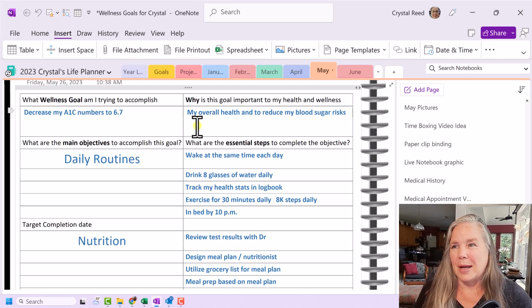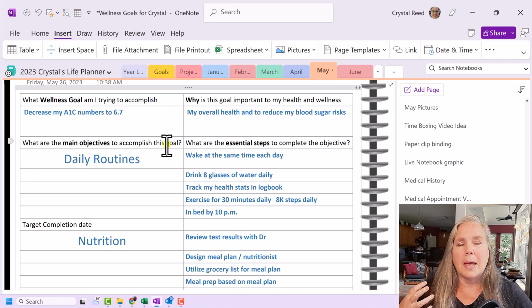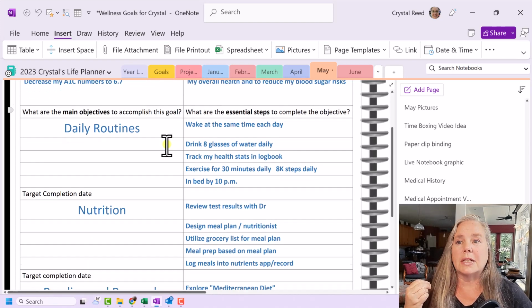Okay? All right. Now, the next one down says, what are the main objectives to accomplish with this goal? All right. So for me, I like to think of that as milestones. What are those big objectives, those big milestones that I need to do to accomplish this goal of reducing my A1C number? All right. And when I was thinking about this the other day, I came up with 3 different things that I thought I needed to focus on. Okay, so let's go over those.